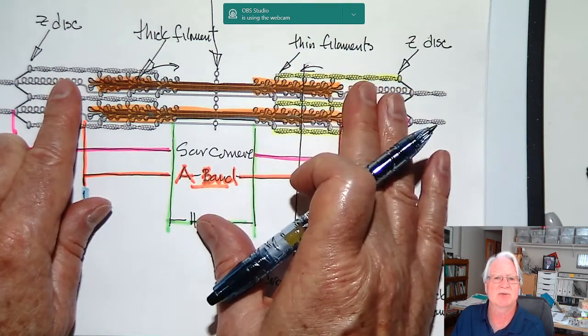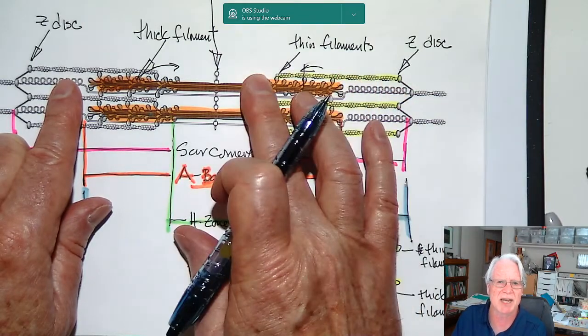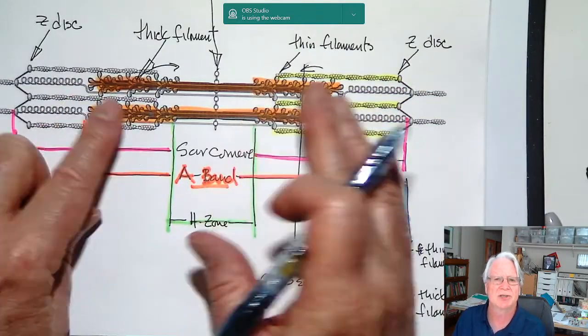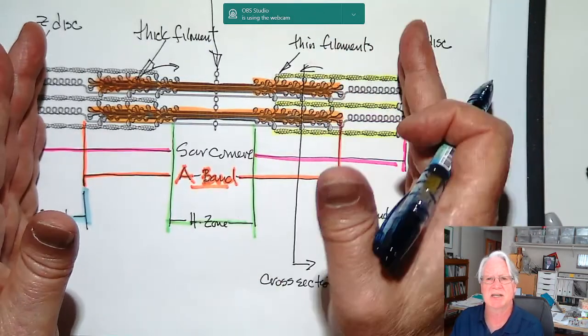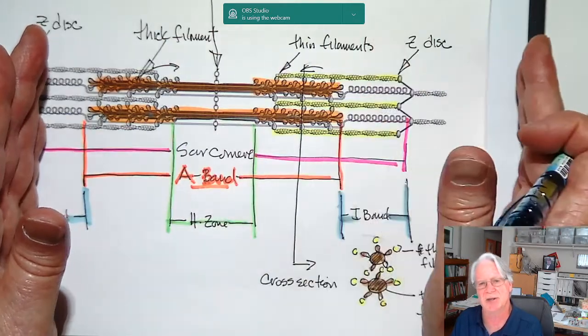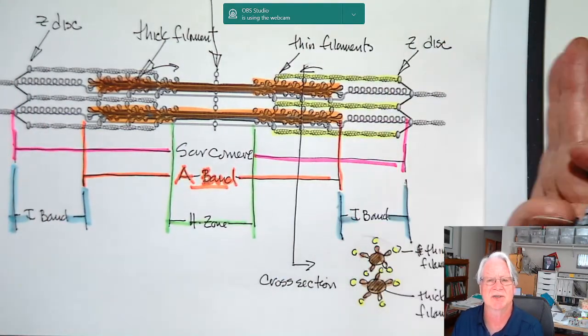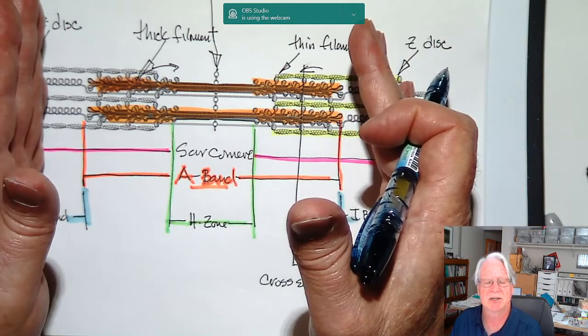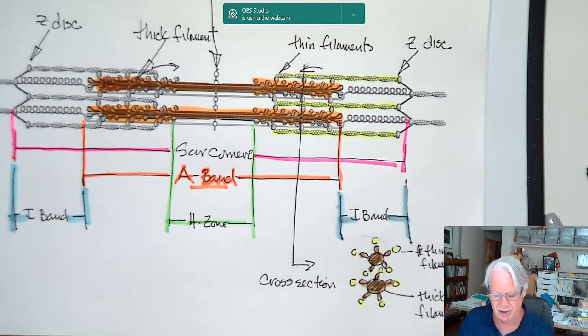Each time they swivel towards the center, they're attached to the thin filament and dragging it forward, and we get this collapsing or contraction of the sarcomere. Each sarcomere in the line of sarcomeres that make up the myofibril is doing exactly the same thing, so the entire myofibril is contracting, which, as we demonstrated earlier, is connected to the cell membrane, which causes the muscle to end up contracting as well.